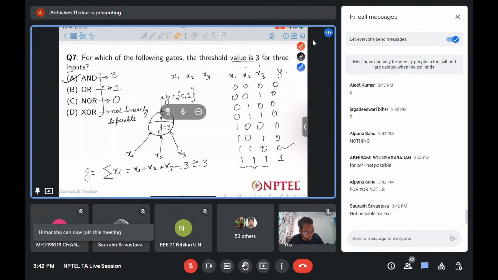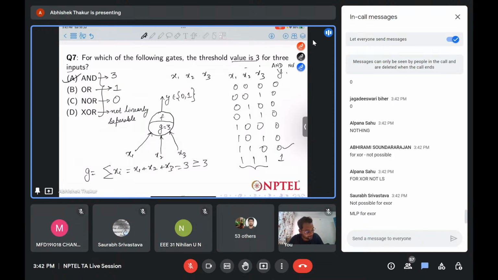So this is our AND gate. And let's suppose this is the NOR gate output. That is why we write NOR. So the output will be 1, 1, 1, 1, 1, 1, and 0. Okay? No, no, it won't be like this. For 0, it is 0, that will be 1.